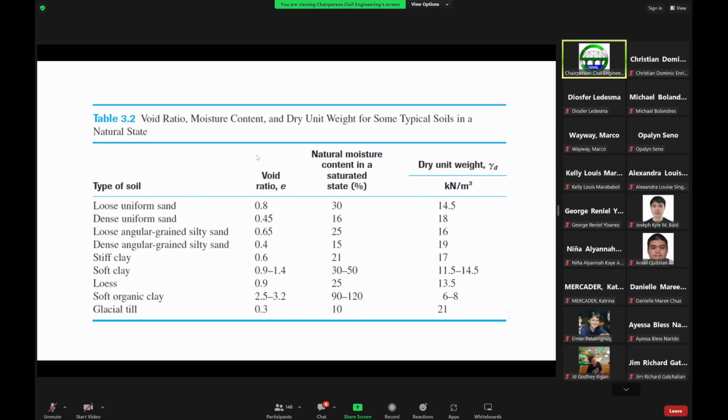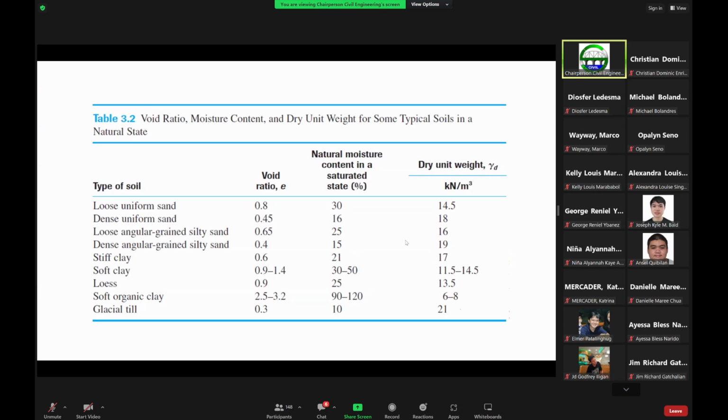Here we are just given some typical values for the void ratio and the natural moisture content, in the case of a saturated sample.